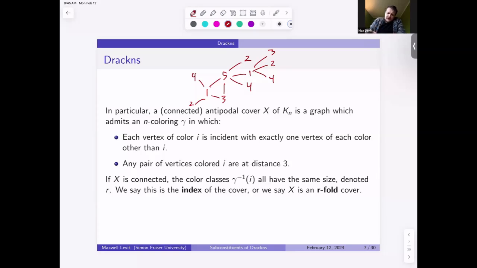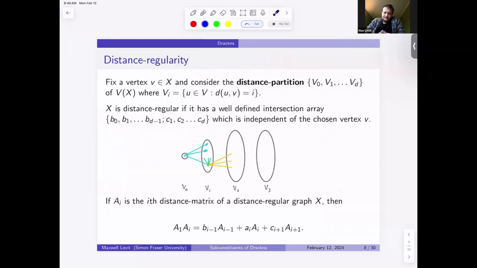Okay, and the other point to make is that when the graph is connected, then the color classes all are the same size. And this we call the index of the cover. Or we say it's an R-fold cover. We use R to denote this index, and that'll come up quite a bit. So the icosahedron I saw before, that was a 2-fold cover.